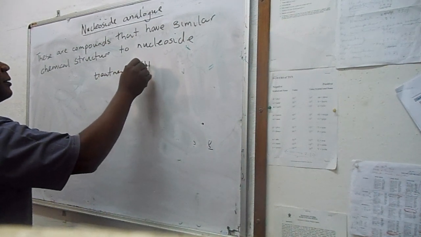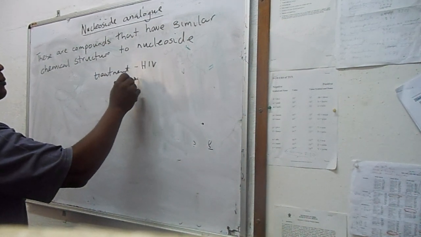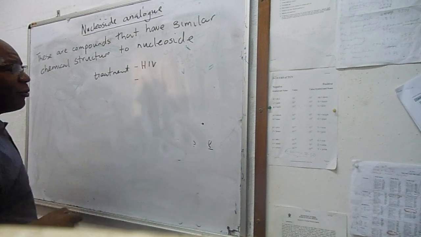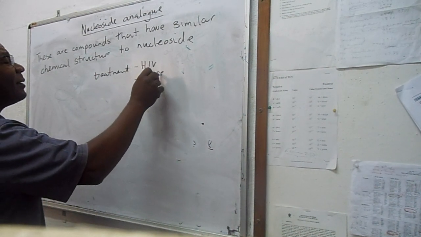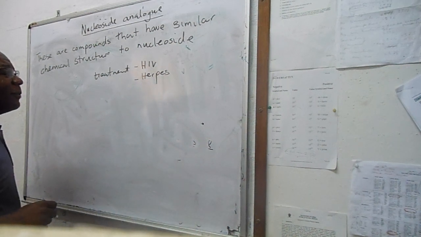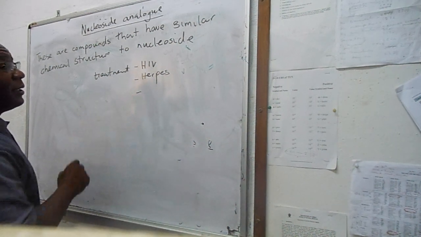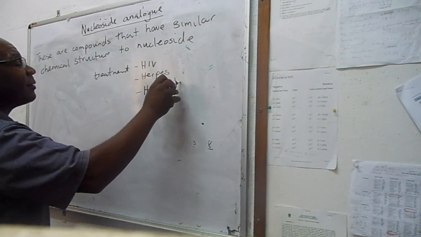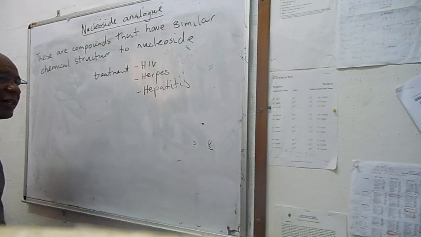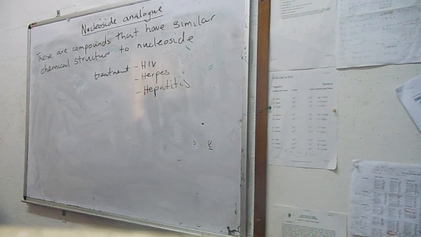Nucleoside analogues are used in the treatment of HIV, and of a lot of viral diseases such as herpes, herpes zoster, as you all know it, hepatitis, and many others.